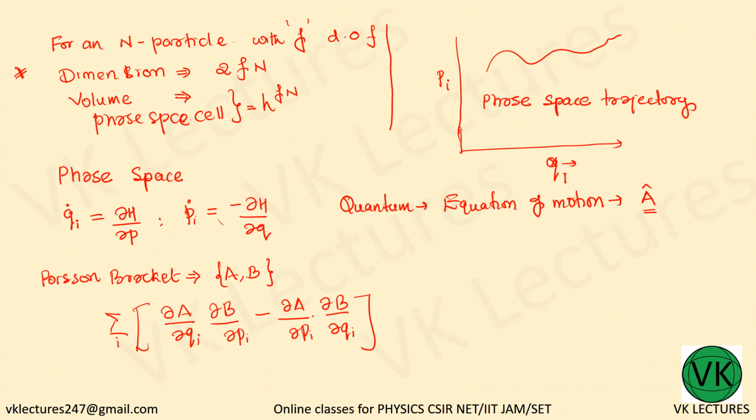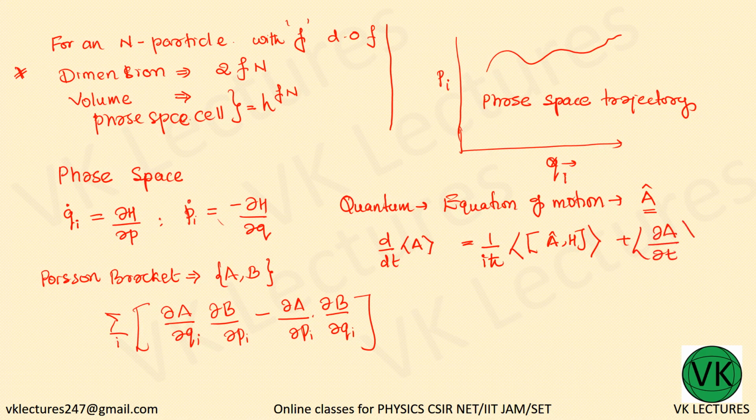So d by dt of the expectation value of a is equal to 1 divided by i h cross, the expectation value of the commutator of a comma h, plus the partial derivative of a with respect to time.